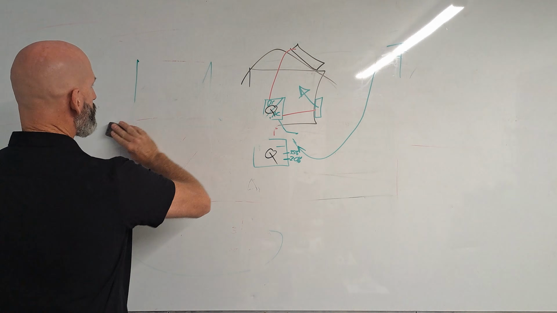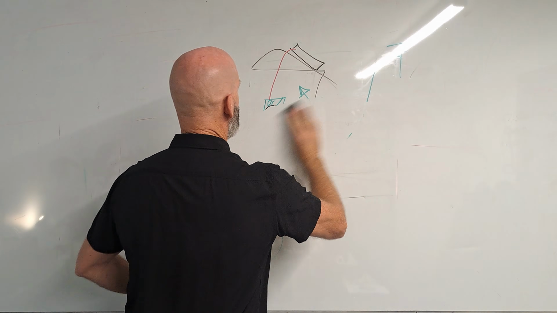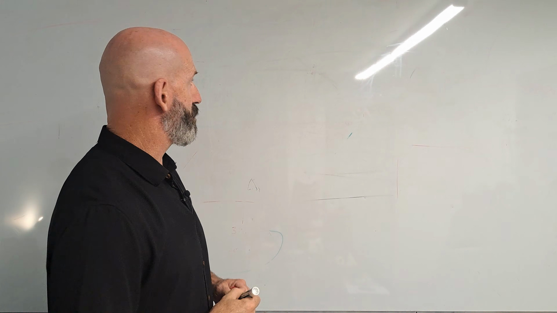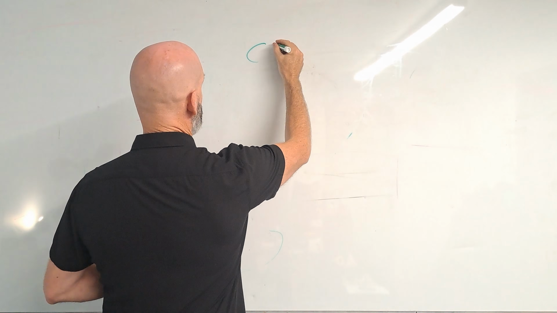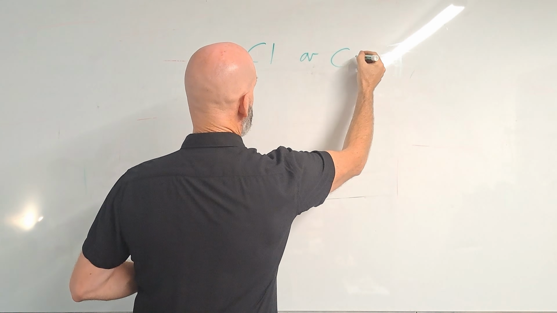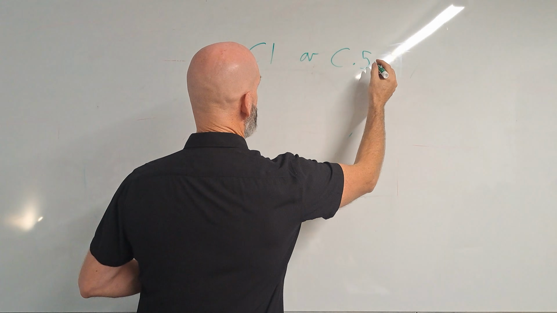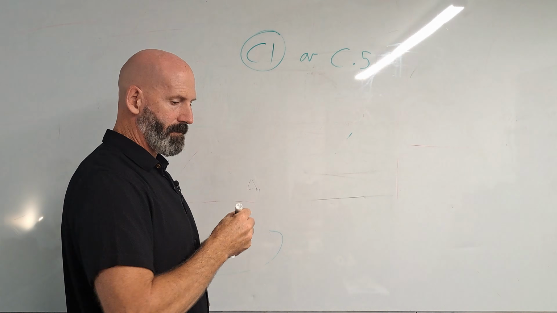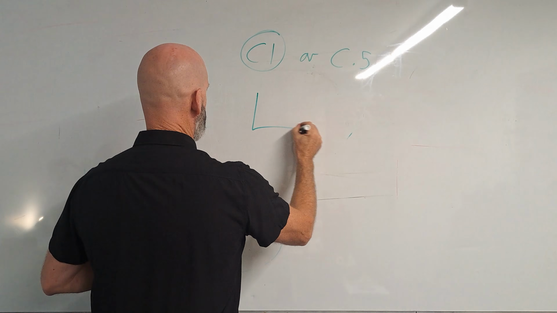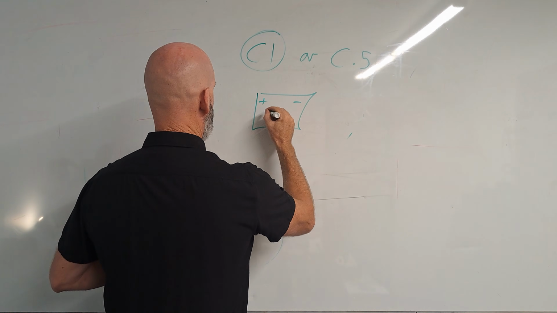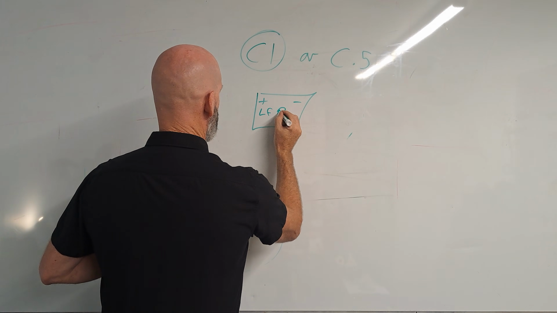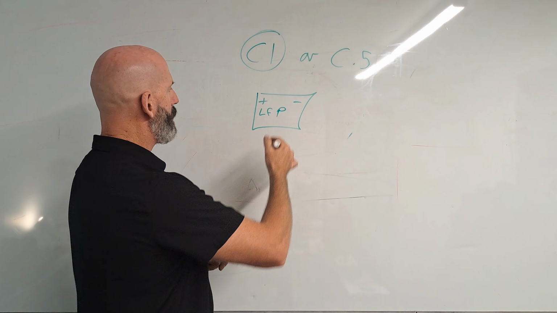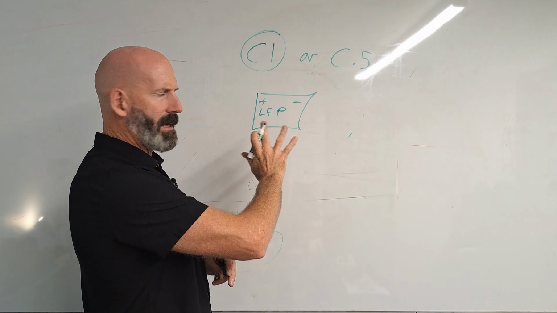So, here's something else you need to consider on the battery side of things. Most lithiums, check the manufacturer's data, have a C1 or a C.5 rating. Effectively, for ease of explanation, let's say we have a lithium, the LFPs or LiFePO4, same chemistry, just a different name for the same thing.